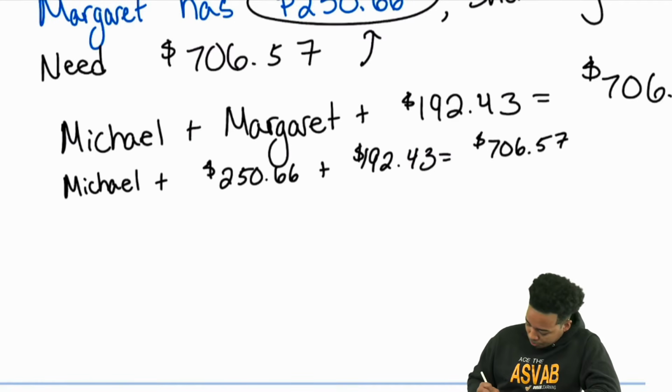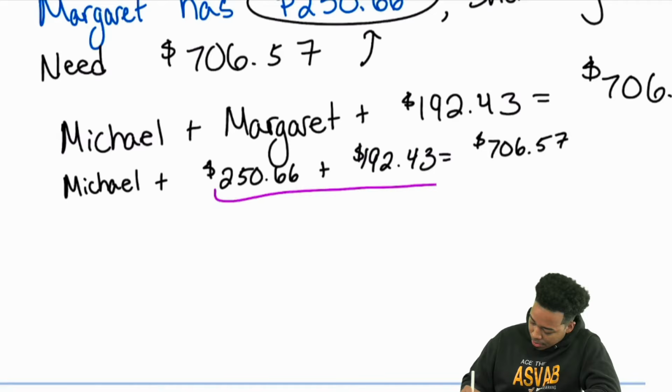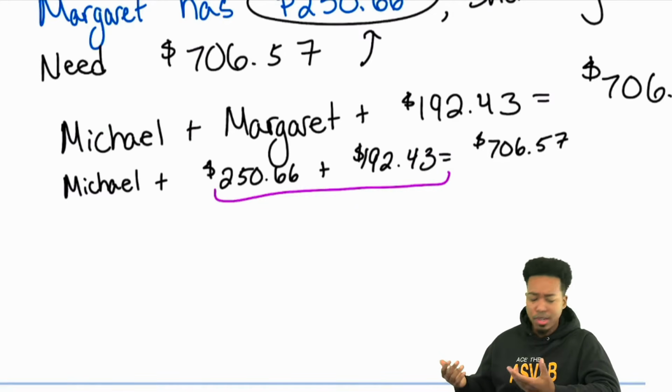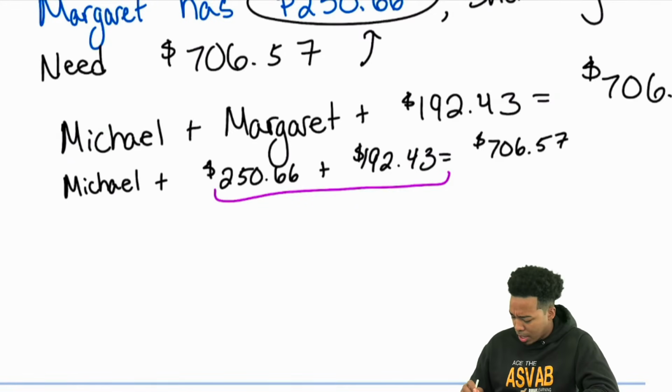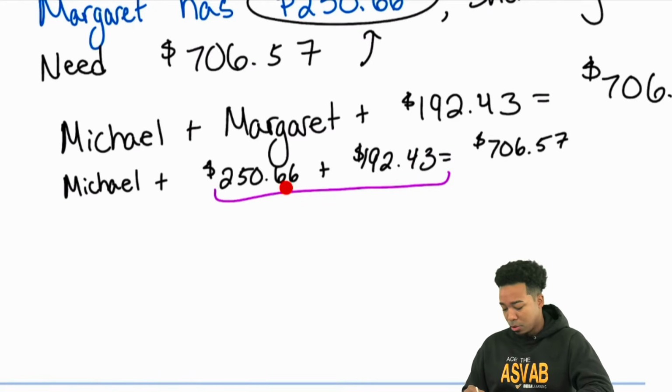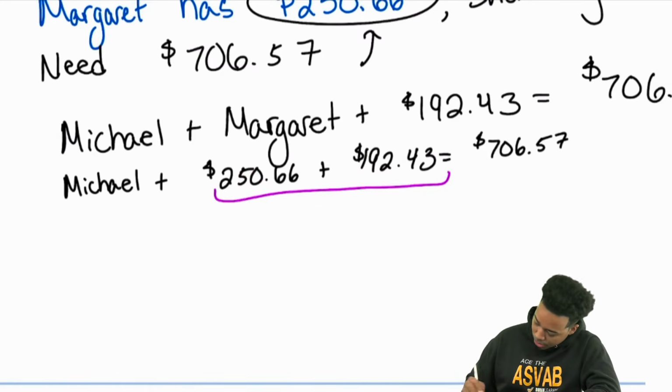So what we'll do is I'll just go ahead and add these two together. And you can do this with mental math. You can do this with adding up and down, but I'm going to try to do this with some mental math. So I'll take the 250.66. I'll add 100, so that'll be 350, plus the 90, that'll be 440, 442. And so I have 442.66.